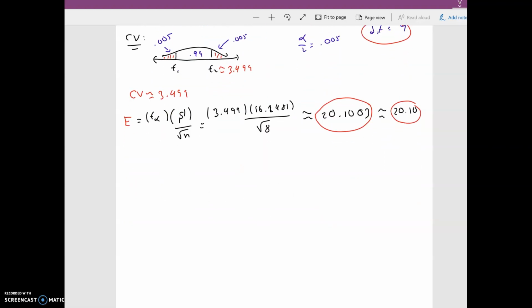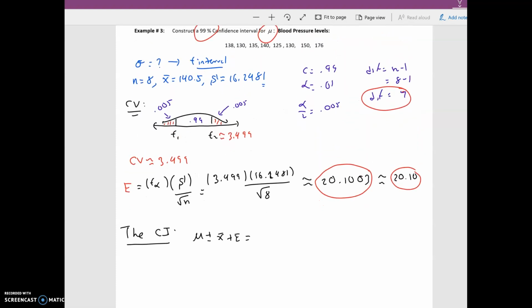Now, the CI will be evaluated by the following formula. So technically, mu plus or minus the x bar plus the standard error. And in this case, wait, this formula is wrong. Sorry, you guys.